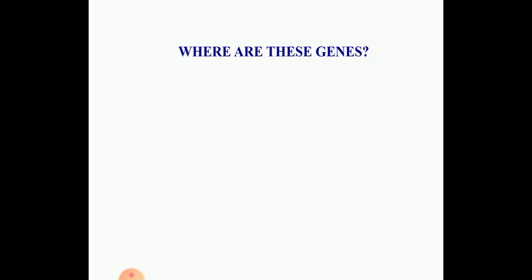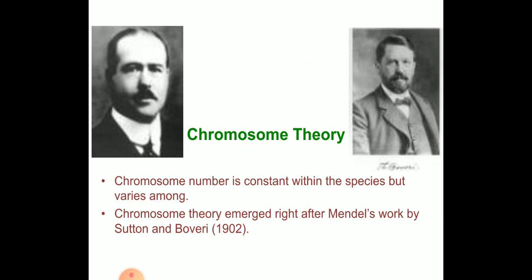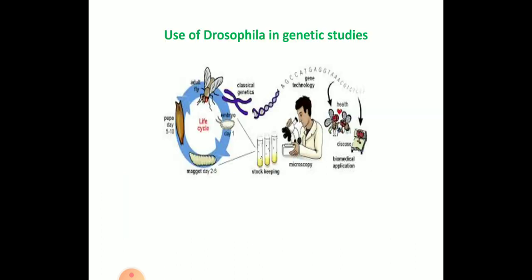Later we'll move on to the important theories which we will study in detail, that is the chromosomal theory. Here the chromosome number is constant within the species, but it varies among the species. This theory was later discovered by Sutton and Boveri, and it was nothing but the continuation of Gregor Mendel.